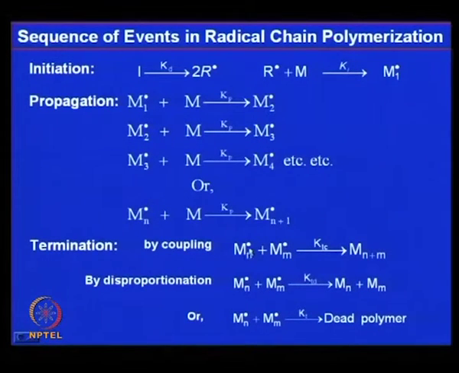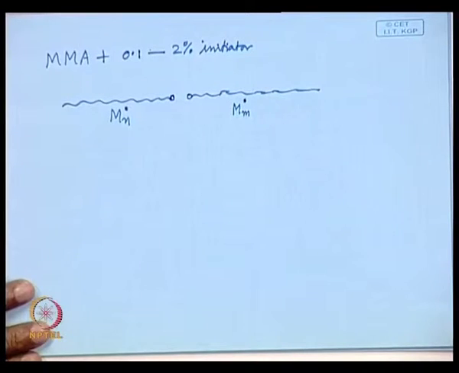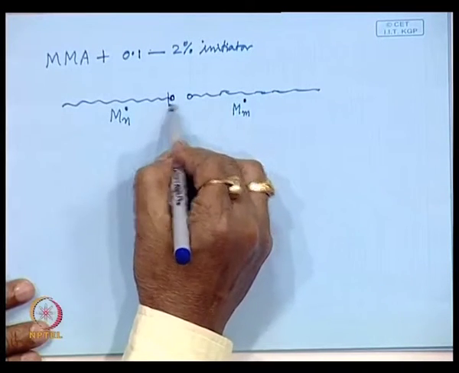At one end there is a free radical. Similarly, you can have another chain bearing a free radical at one end having m molecules. Suppose this is Mn dot, this is Mm dot. These two radicals can couple.